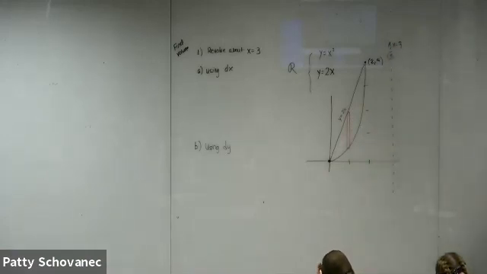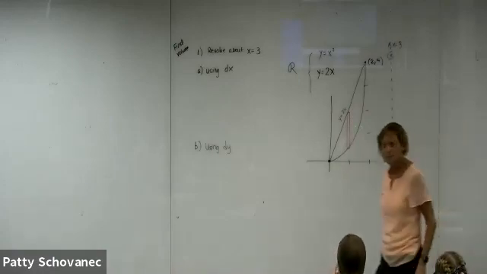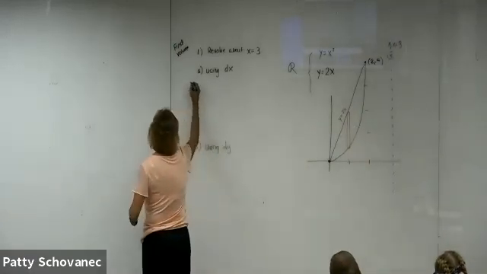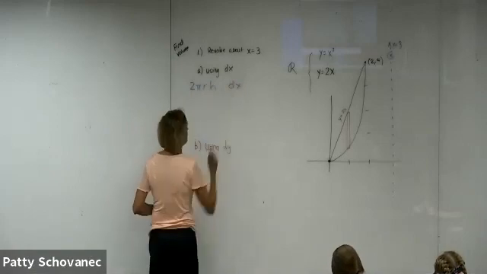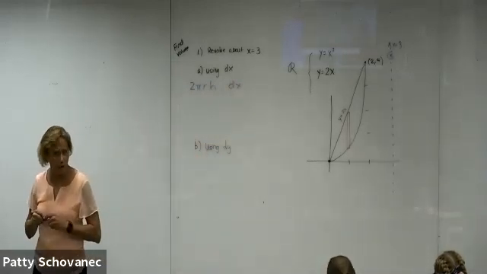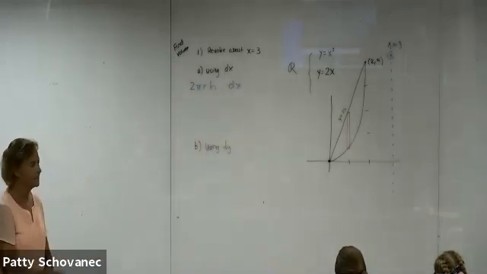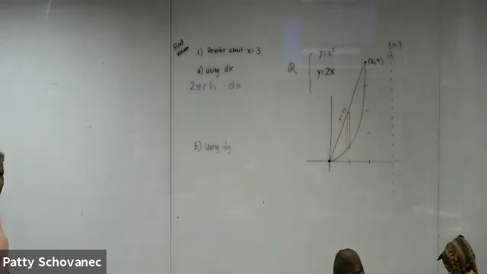So in our very first example, what is our method? Shells. 2 pi r h dx. Figure out what r is and figure out what h is, and figure out the numbers on the integral sign.